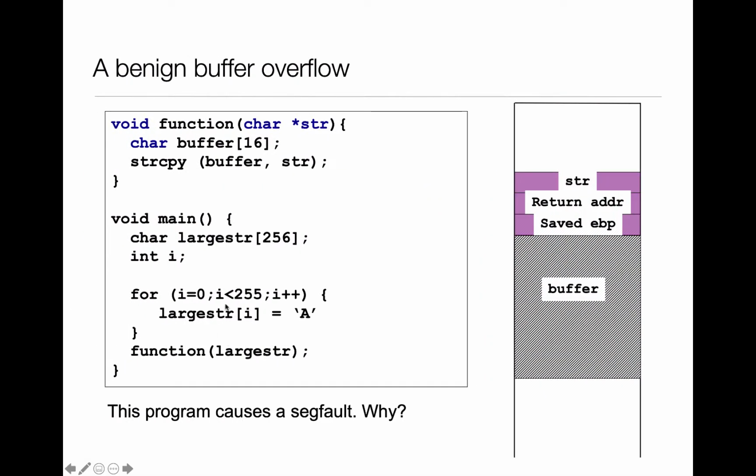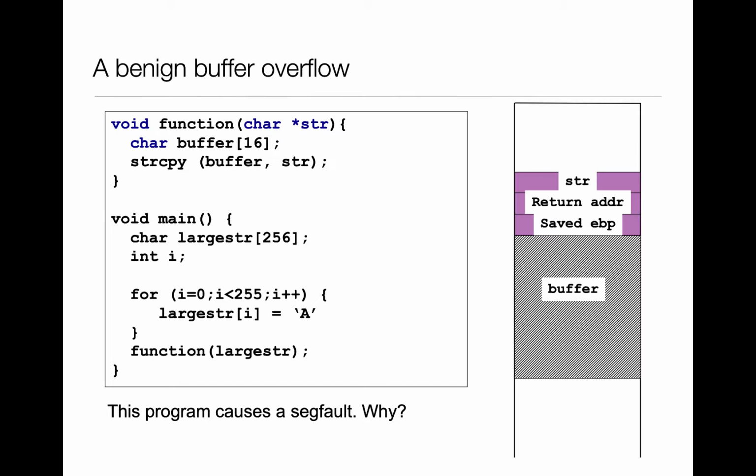So let's take a look at what's happening here. It's declaring some large buffer, about 256 characters, and then some integer i, and then it's filling the entire buffer, and then calling some function here that essentially does the same thing. Here it is taking in a string and copying it to a local buffer. In this case, strcpy itself is a vulnerable function.